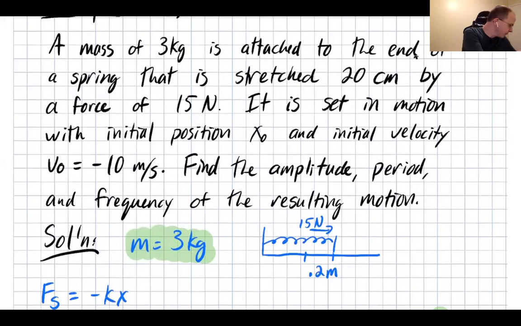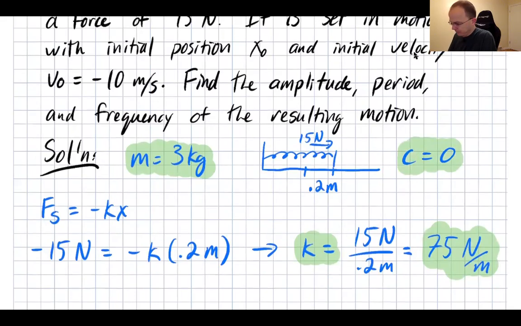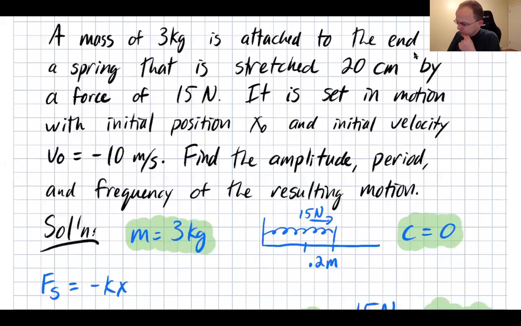Let me see how it states it. Yeah, I guess it doesn't say precisely, but this is going to be undamped motion here. So we'll also have c is equal to 0. Okay, so it's set in motion with initial position x naught. Oh, what is x naught? X naught is 0.